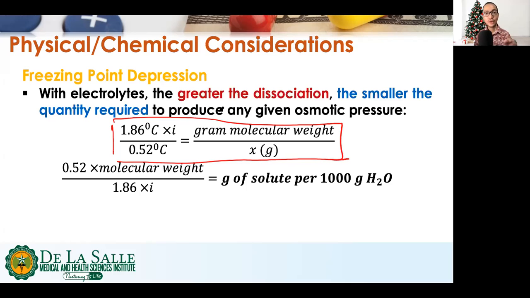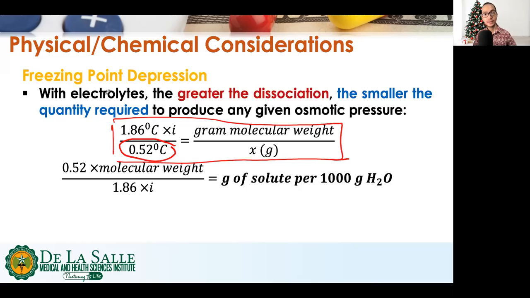Now, if we would like to determine the weight of a substance that will be isotonic with your bodily fluid, then we are supposed to make sure that its freezing point depression will be similar to that of the body fluids.